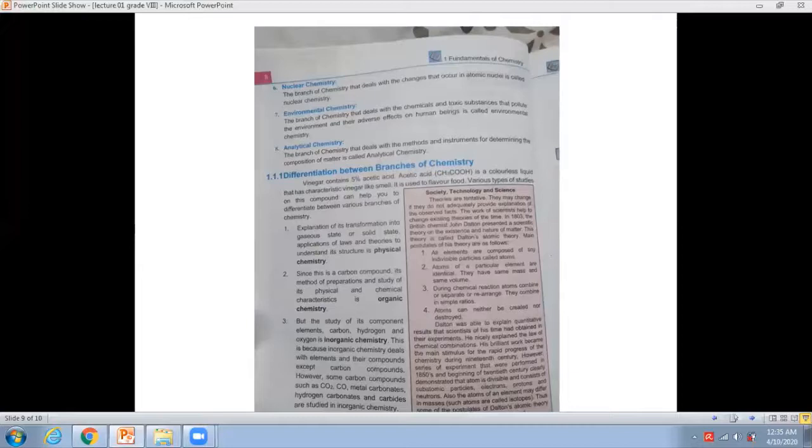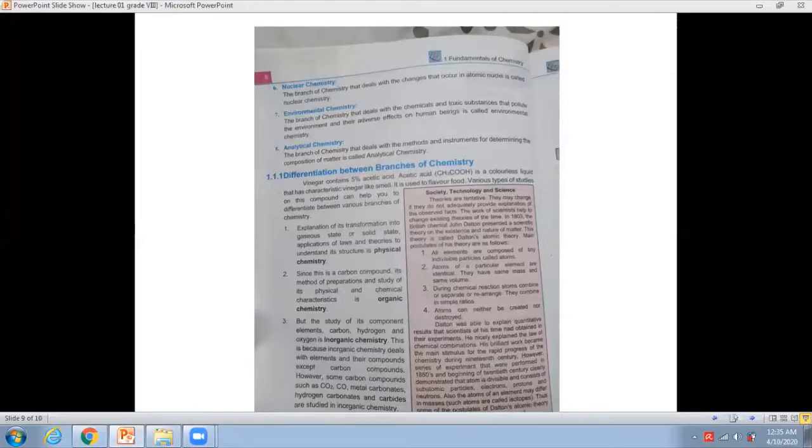These toxic substances come out and pollute the environment, and their adverse effect on human beings is in the form of global warming, greenhouse effect, acid rain, which cause adverse effects on the environment, and then those environmental changes affect human beings. So all these effects we study in environmental chemistry.